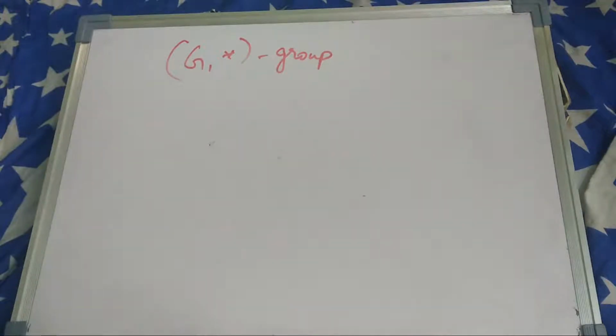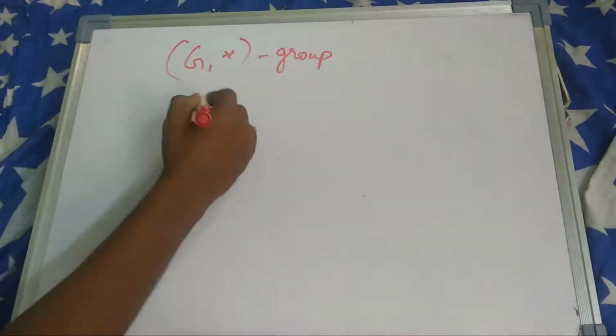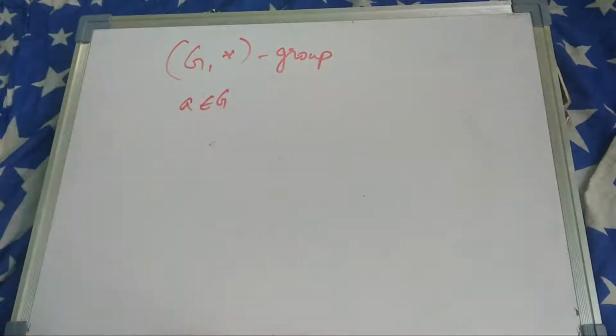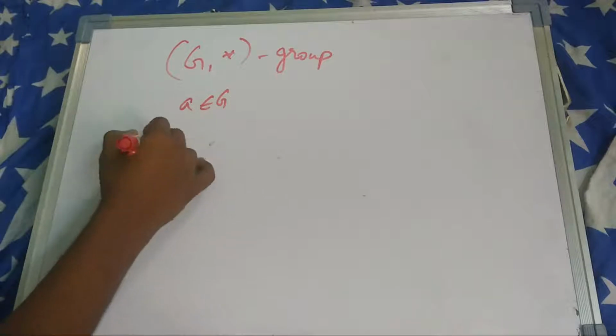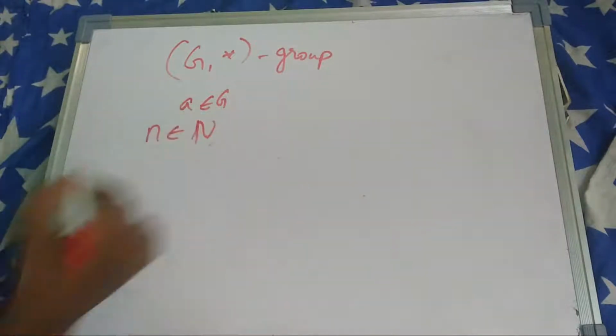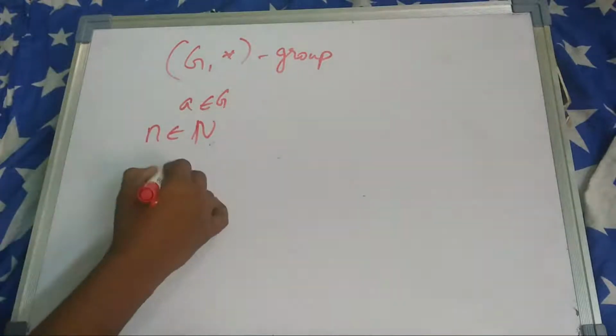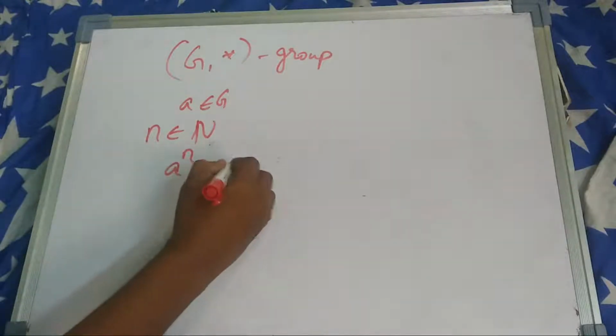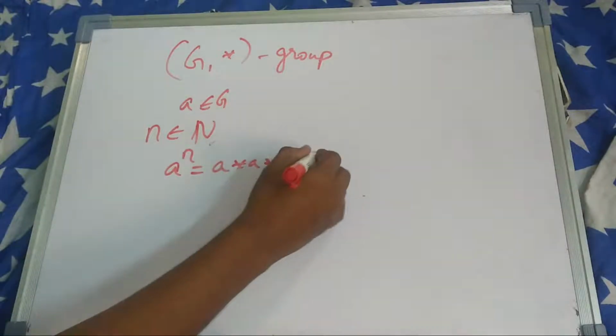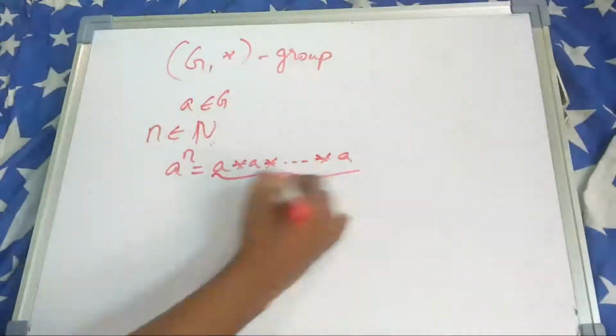Now choose an element A in G. Now given any n in natural numbers, we define A power n to be A star A star etc., A n times.